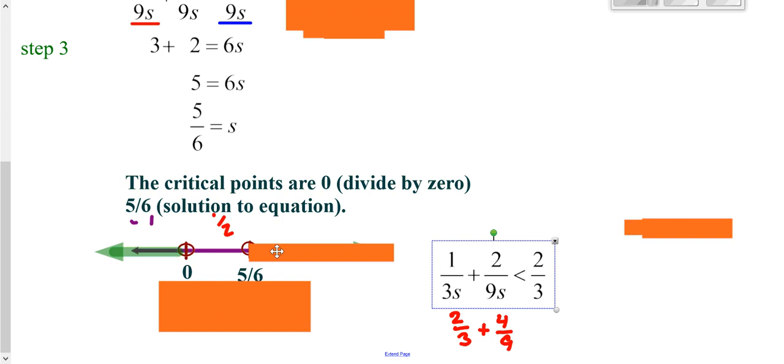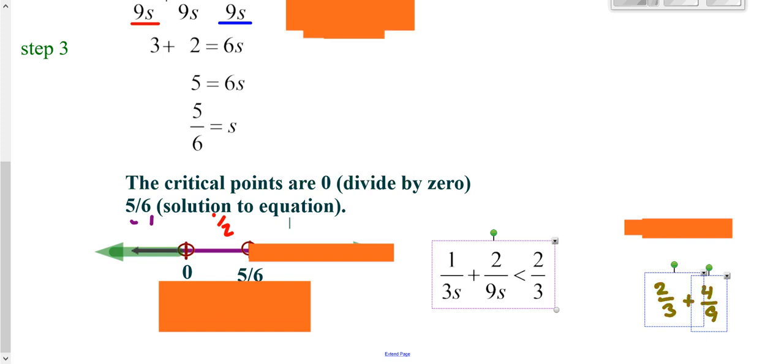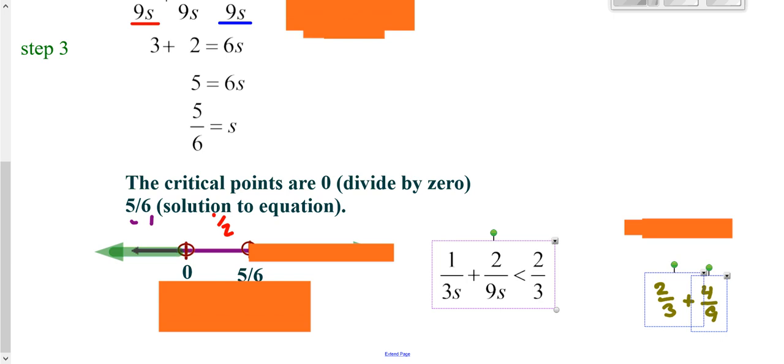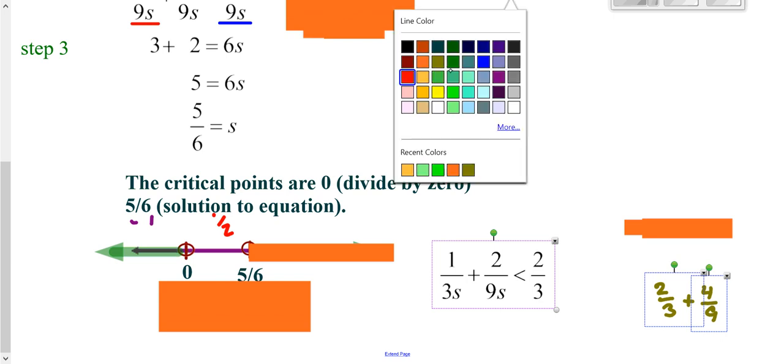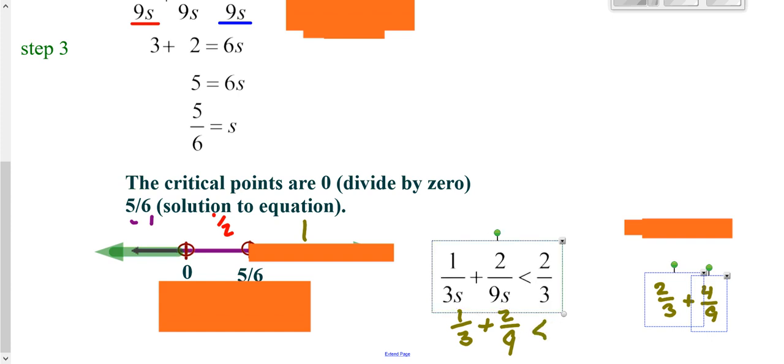I could try a number over here like 1. Try 1 over here. It'd be 1/3 plus 2/9, which would be less than 2/3.